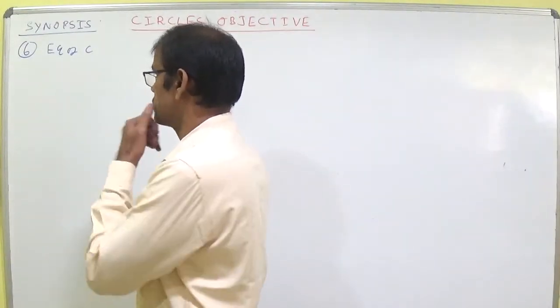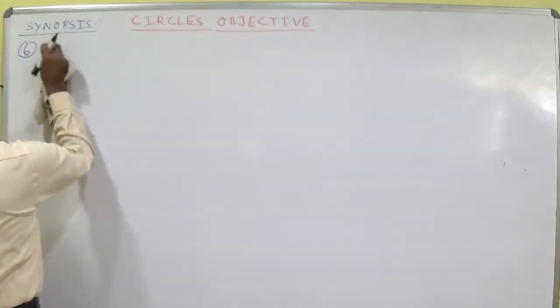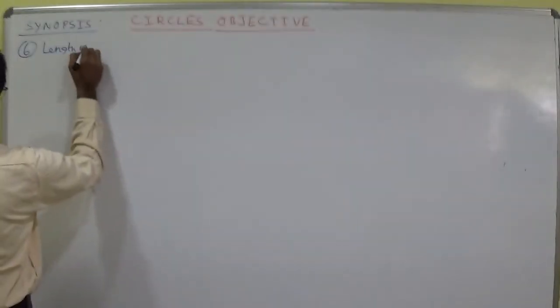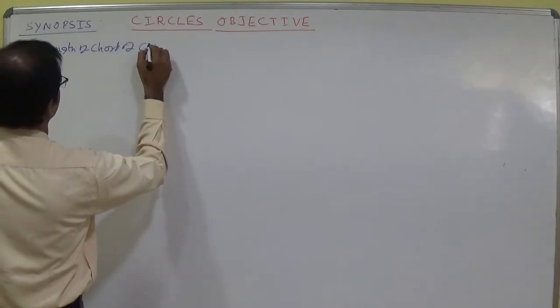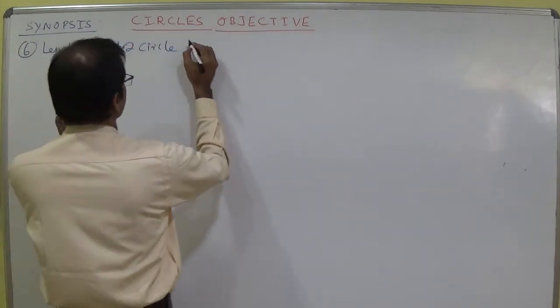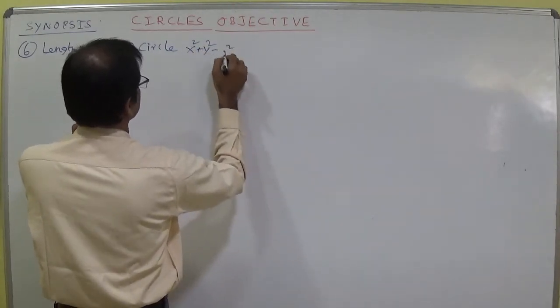Now, length of chord. In IPE we did not discuss the length of a chord. So the equation of the chord we discussed, but not the length of chord of a circle. Take the circle x square plus y square equal to r square.